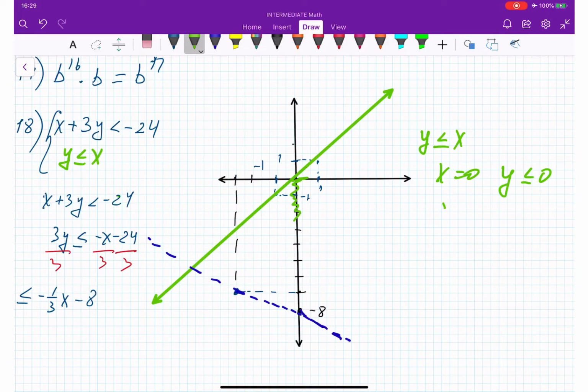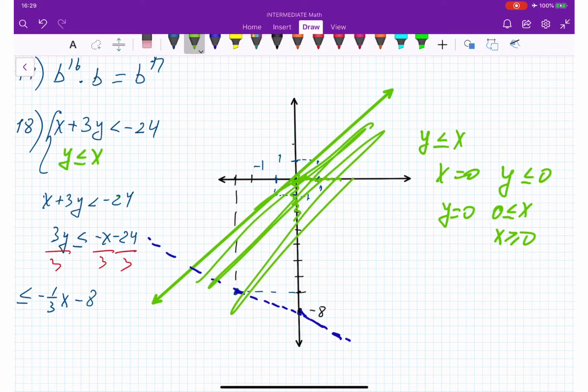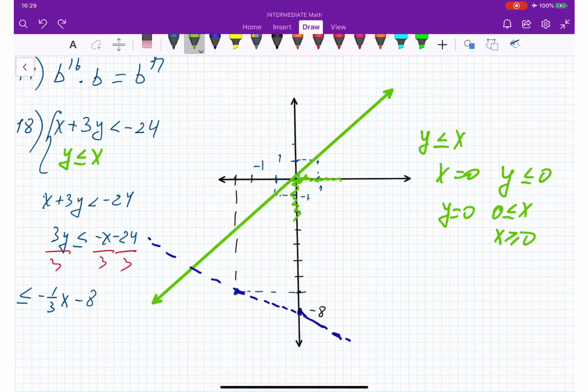Now when y is equal 0, we get 0 less equal x, or x is greater equal 0. So it's going to go like this, correct? Which means for this one, it's going to shade this area. Yes? Okay. Next.